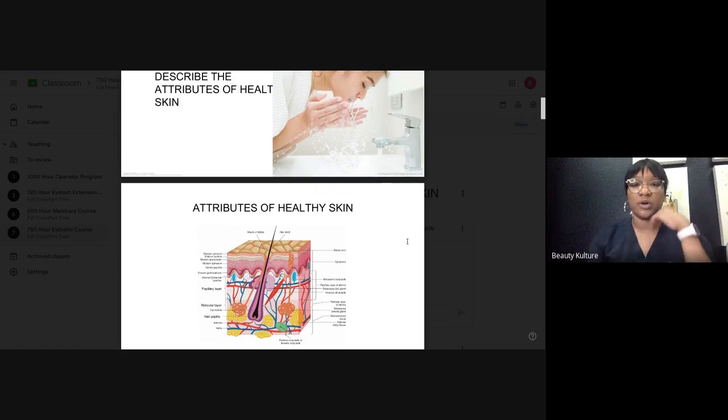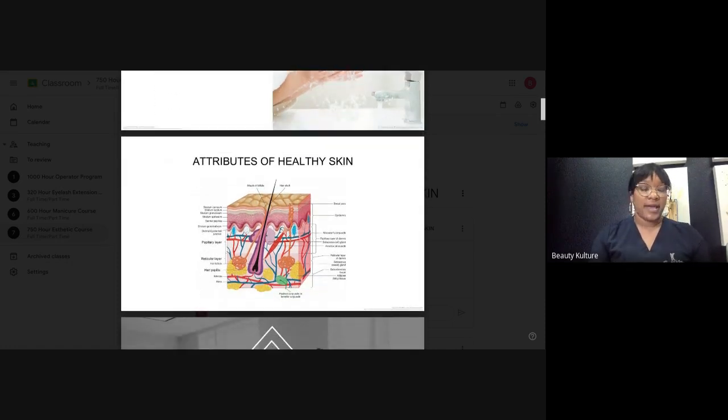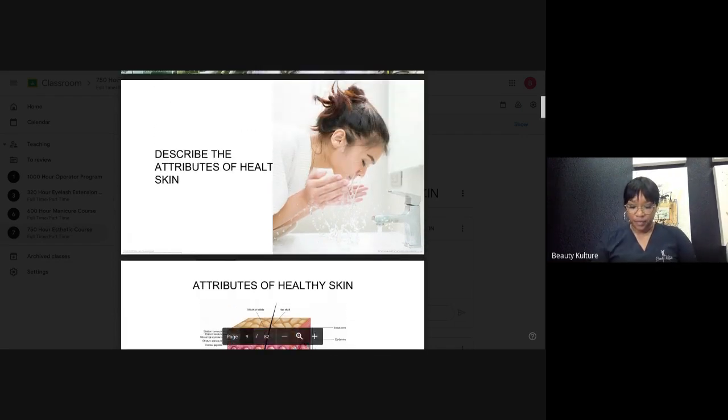Okay, I'm going to scroll on down. So as far as attributes of healthy skin, let me go back to the slide here. The first thing we need you to understand is that skin is a part of the integumentary system.